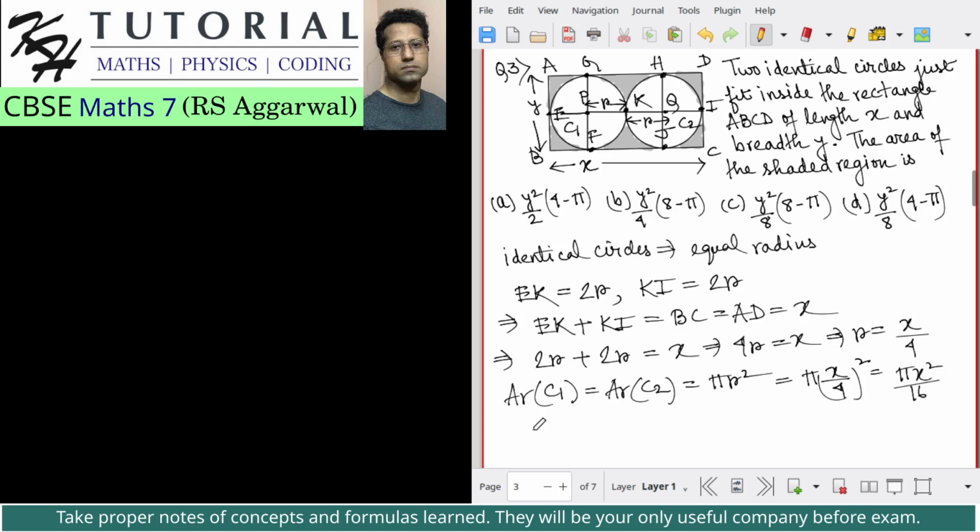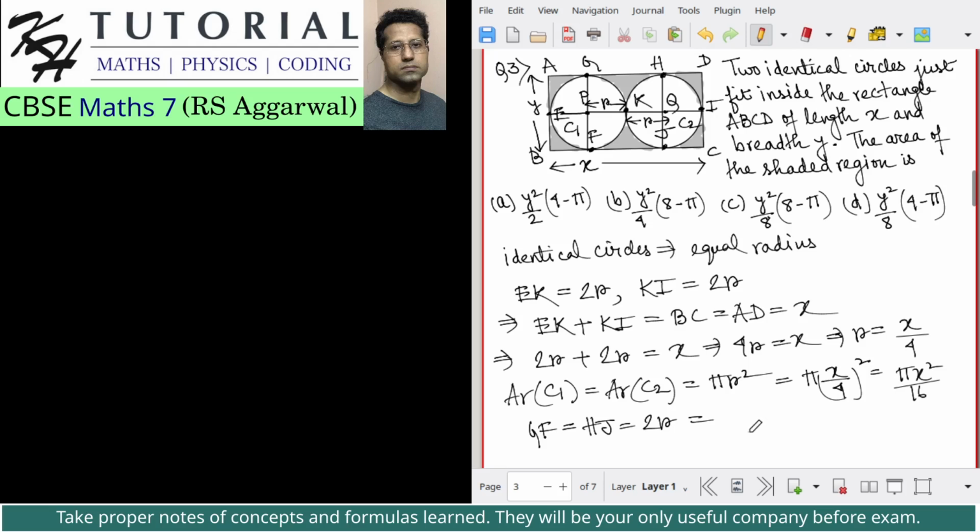Now what is GF? Since it is the diameter of the circle, GF is equal to HJ, which is equal to twice R, since we have considered R to be the radius of the circle.